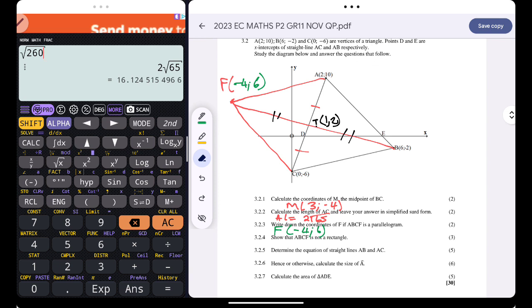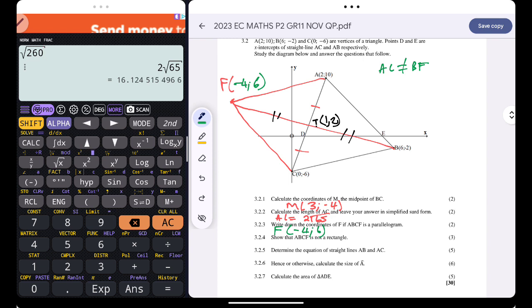Are you together? There are many ways to do it, but how many marks is that one? 3. 1, 2, 3. 3 marks. Yeah, I'm going to use the shortest one. If I can show that AC is not equal to BF, then I can conclude that this thing is not a rectangle.